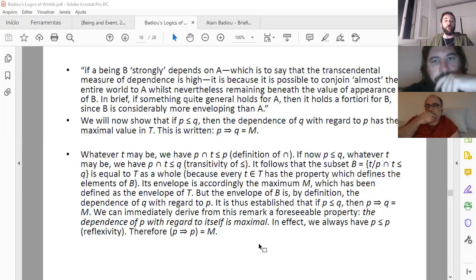Things don't appear for us, they appear for themselves, they appear in the world, never needing a subject to be able to say, I see the implication, right? So it's always about finding a multiple that is localizing, functioning as the degree of appearance of this relation. So this is valid also for implication.